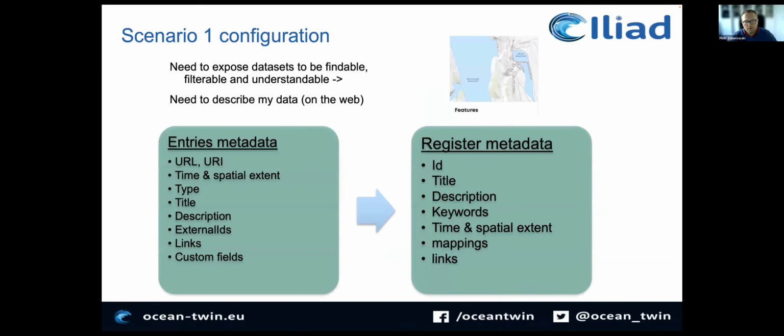Going to the first scenario, we want to make our data visible, and here naturally what nobody likes is the metadata description. Nobody likes to describe their data sets and then put them in this, let's say, standardized way. But there's a number of things you may need to provide, and within the Iliad we are working on these templates that could be used to set up this scenario.